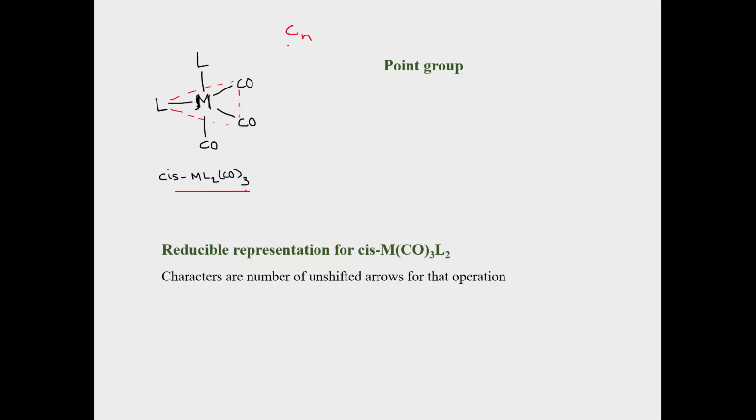Okay, first look for it. Does it have any Cn axis? Cn means the principal axis. Is it having any principal axis? Anyone?